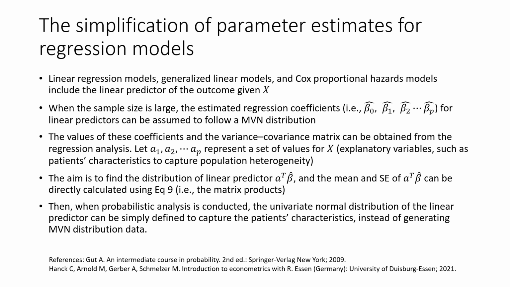We are interested in knowing the distribution of the linear predictor. We can directly calculate the mean and standard error of the linear predictor using matrix products. Then, when we conduct probabilistic analysis, we can simply define the univariate normal distribution of the linear predictor to capture the patient's characteristics, instead of generating multivariate normal distribution data.